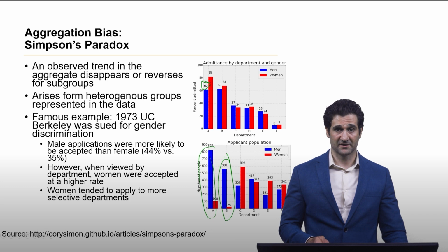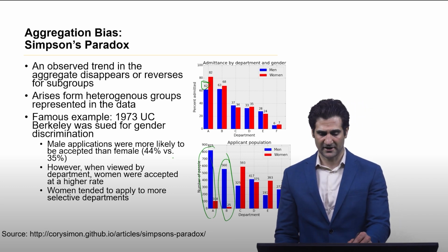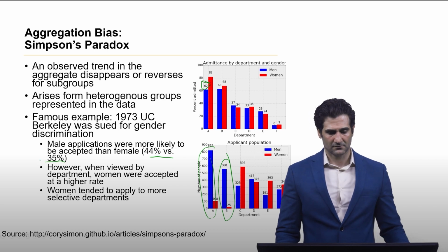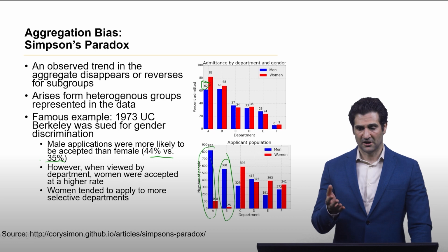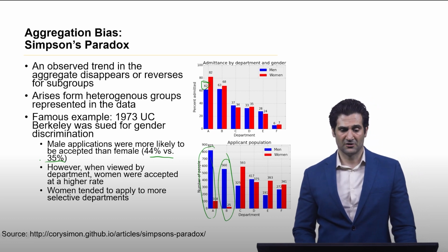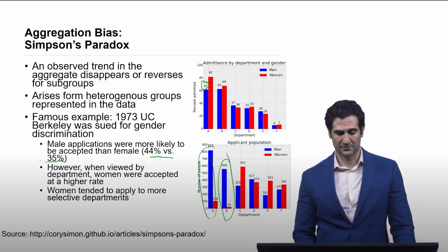Because of that, this skews the aggregate data and gives you numbers that look like that. And so this is a very important aspect of machine learning. Understanding Simpson's paradox is a very important bias to consider in machine learning.